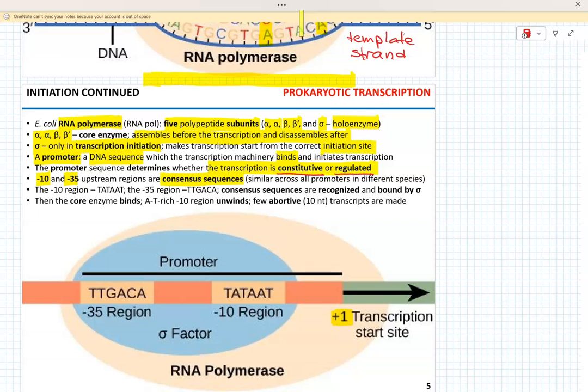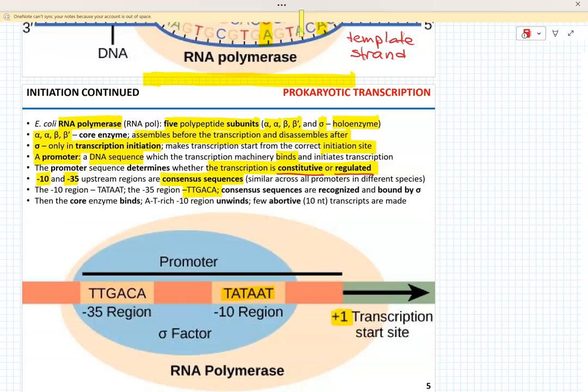The -10 region, also known as the TATA box or Pribnow box, contains the sequence TATAAT, and you remember that AT-rich sequences are usually easier to separate. The -35 region contains the sequence TTGACA.